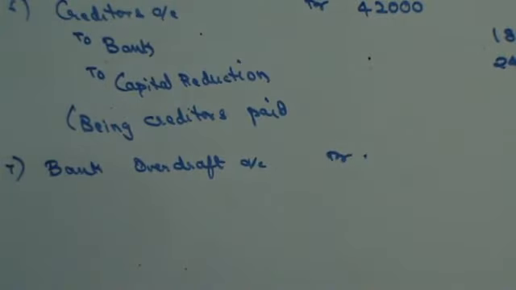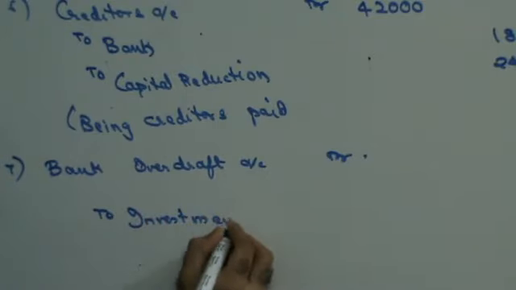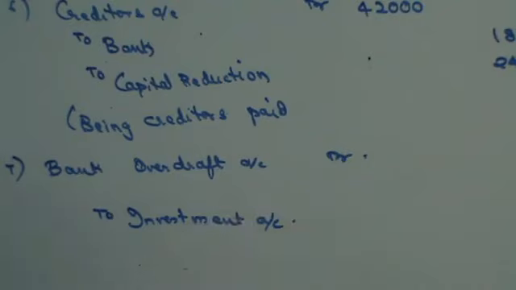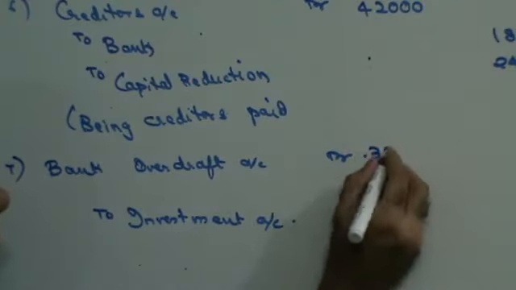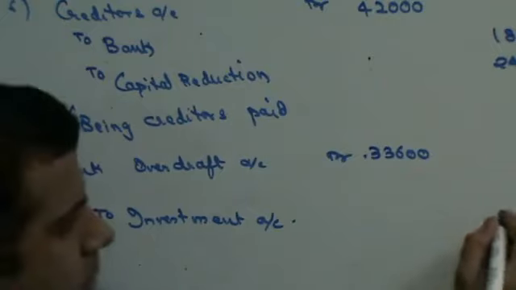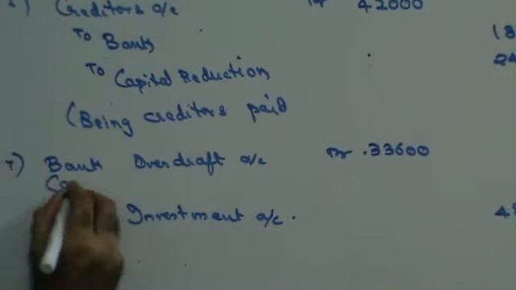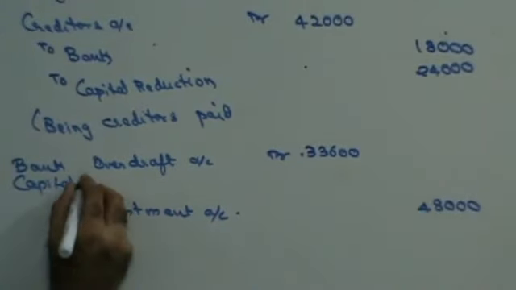Debit what comes in, credit what goes out. Investments are going out, to investment account. Bank overdraft is 33,600. Investments as per balance sheet are 48,000. The difference is to be written as capital reduction account.